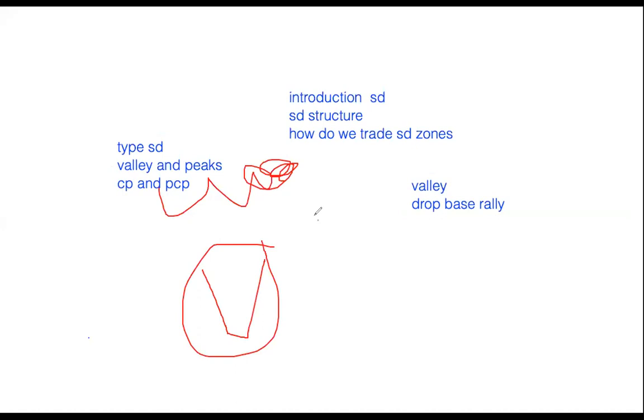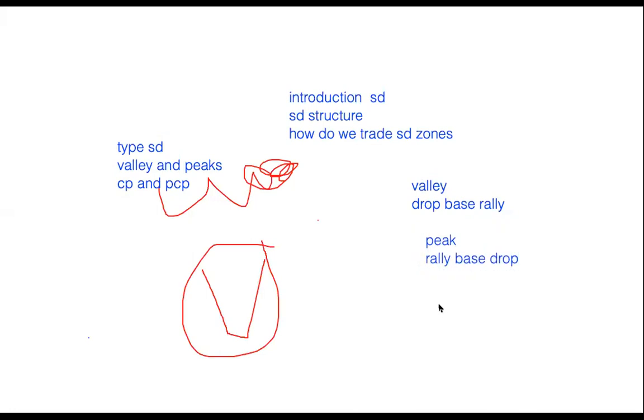In terms of structure, the peak is known as a rally, base, and a drop. These are the structures that represent the peak on the market, and the valley structure represents value on the market. So this is one example of the type of supply and demand.